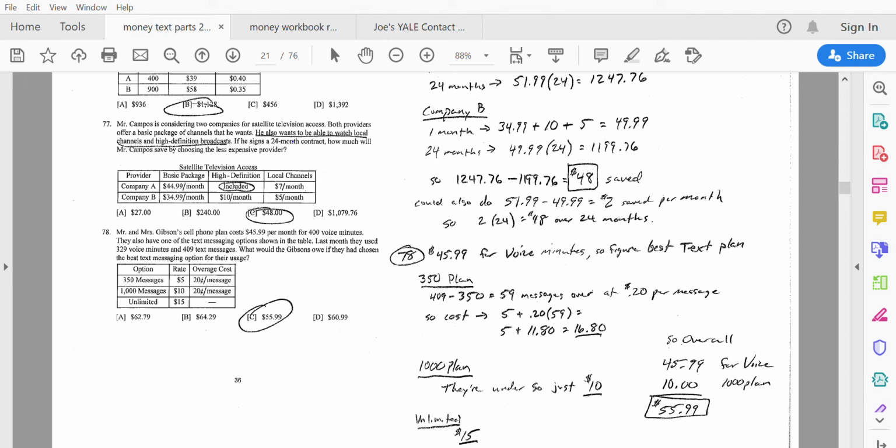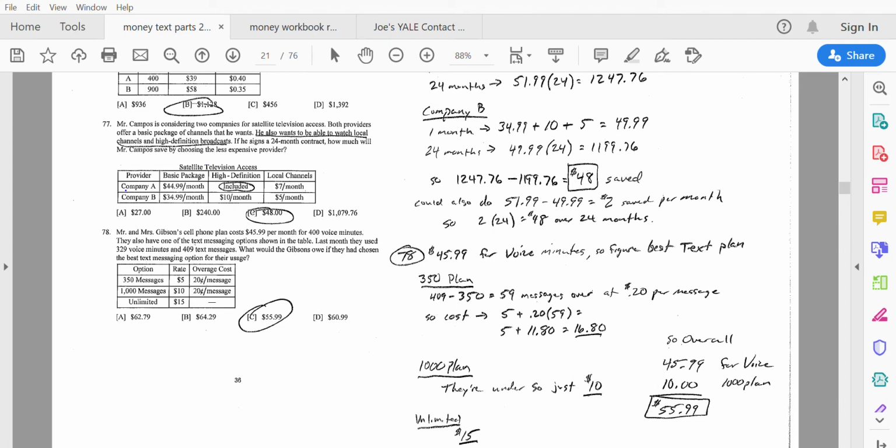Okay, so first thing we have to understand is that they're paying this $45.99 per month just for talking. So that's going to be given no matter what. So that'll come into play at the very end. So what we want to look at is the different costs for text messaging. So if they're using 409 text messages, let's look at the plans here.